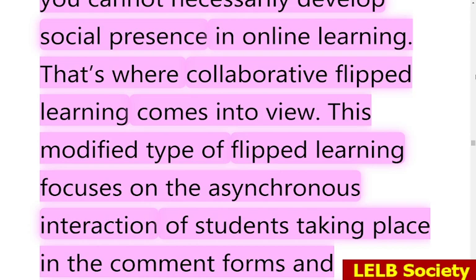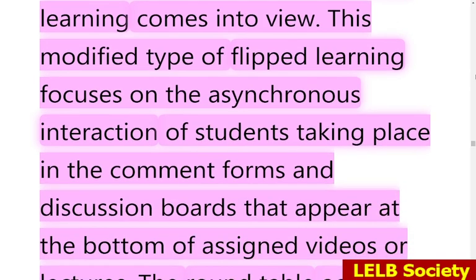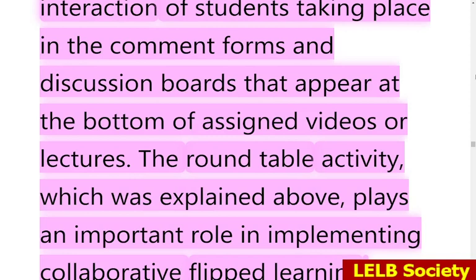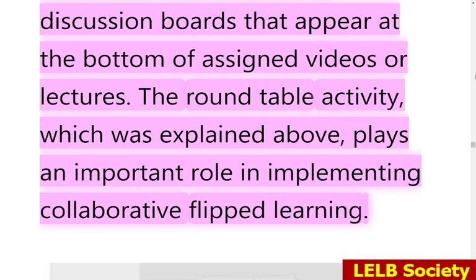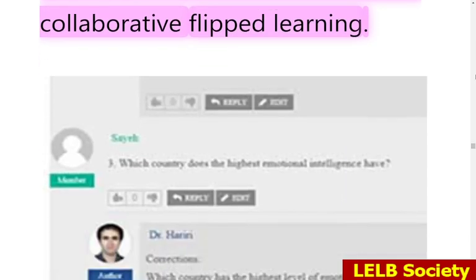This modified type of flipped learning focuses on the asynchronous interaction of students taking place in the common forums and discussion boards that appear at the bottom of assigned videos and lectures. The roundtable activity, which was explained above, plays an important role in implementing collaborative flipped learning.